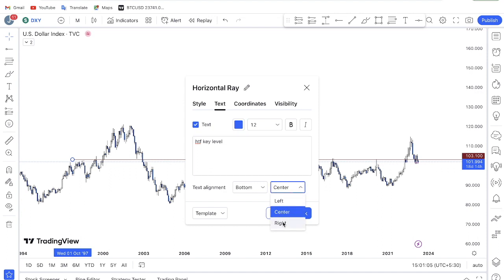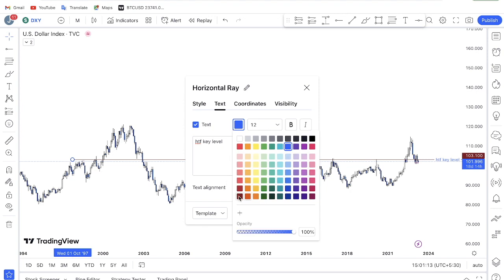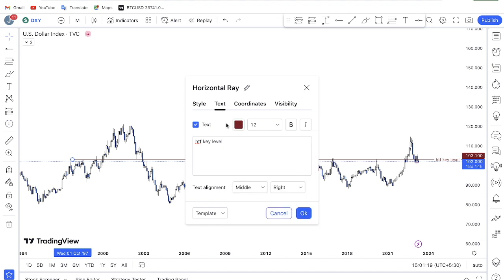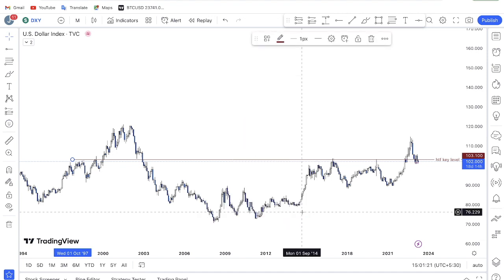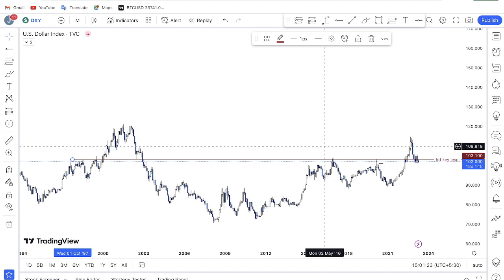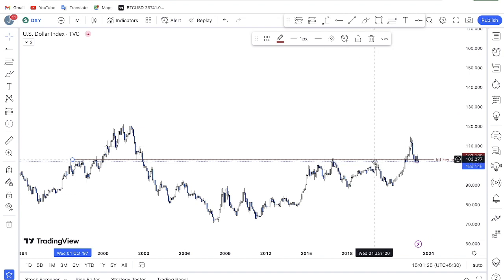So put this on our right, in the middle. We already know that this is our key higher time frame level that we're dealing with. Whenever price gets to that point, we already know that price is going to react whenever it gets to this key higher time frame level. It is what is capping the market at the moment.